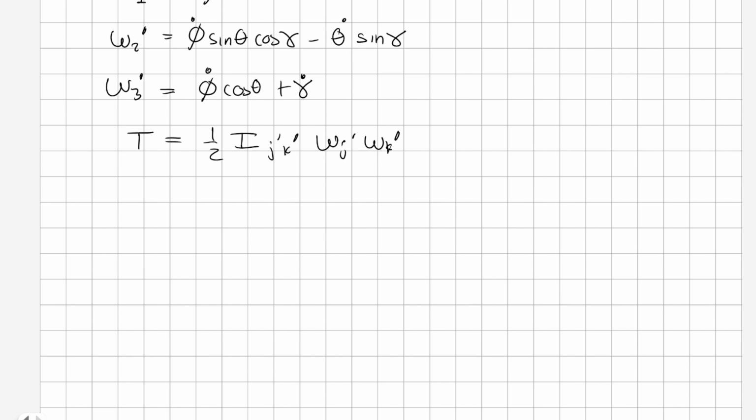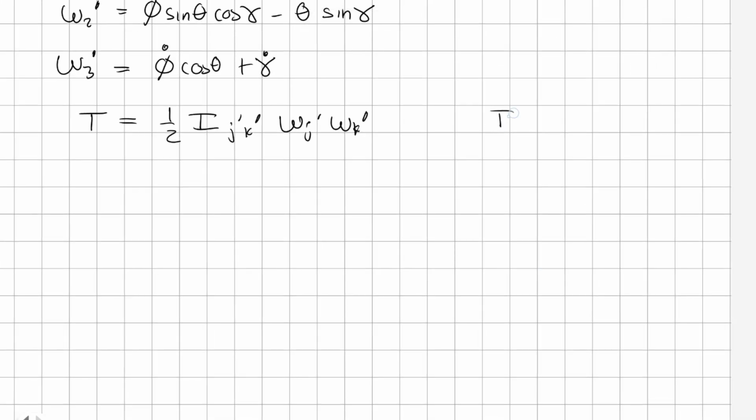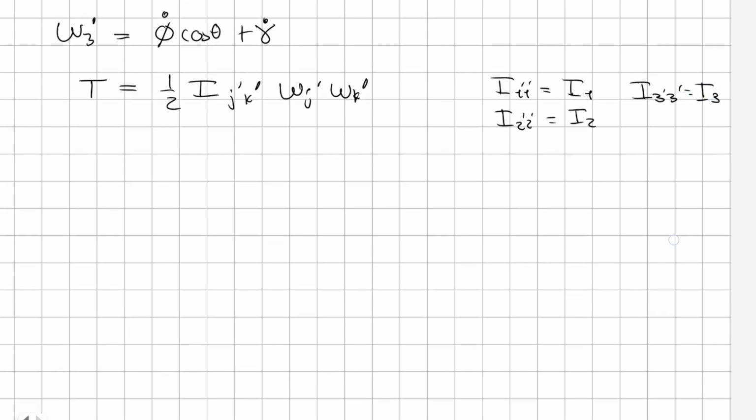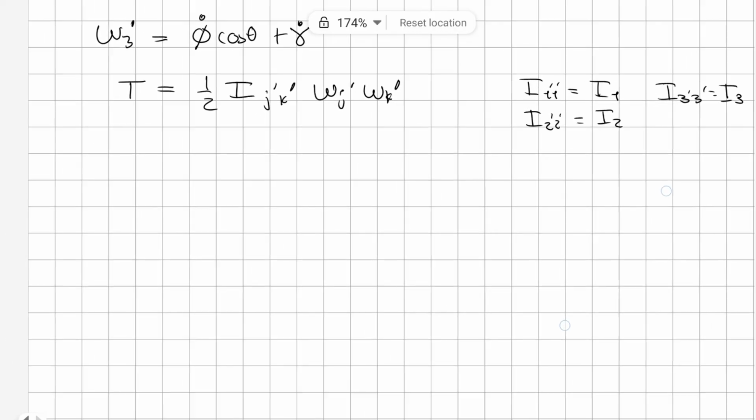Okay, so if we do that, we are going to call the element I11 of that matrix to be equal to I1. The I22 is going to be just I2, and the I33 is going to be, of course, I3. So what are we going to get if we do that?